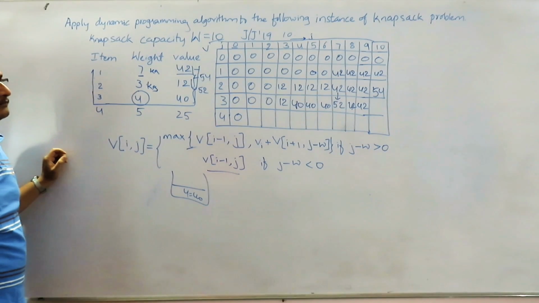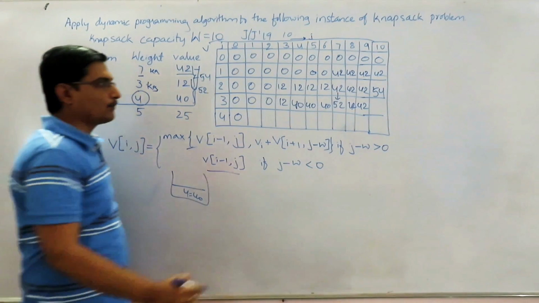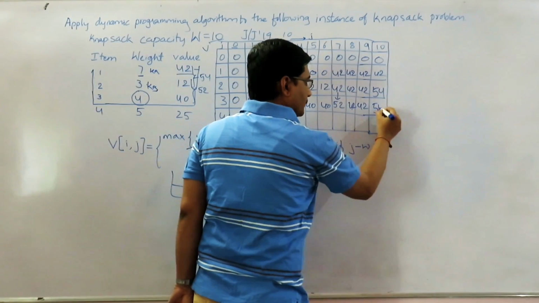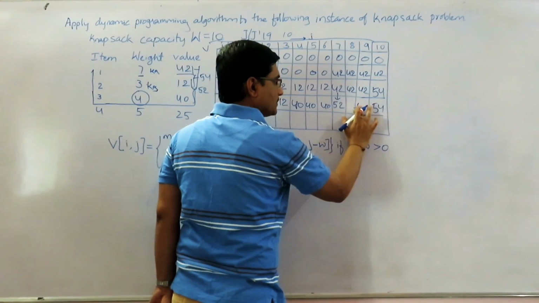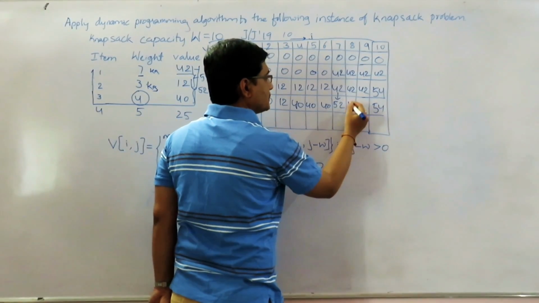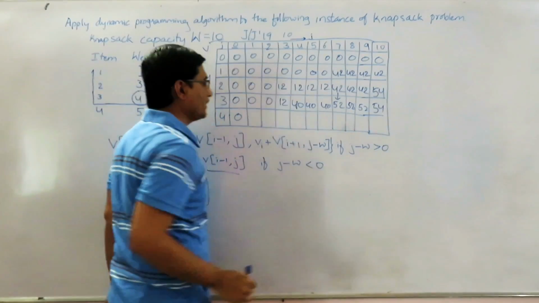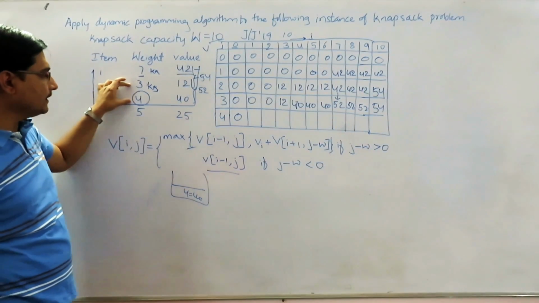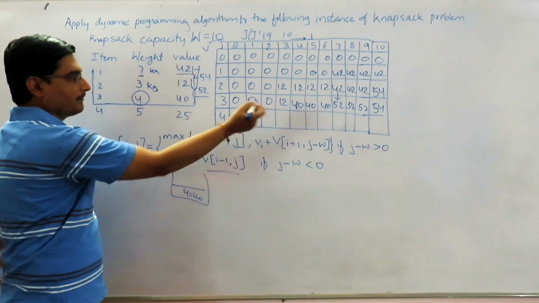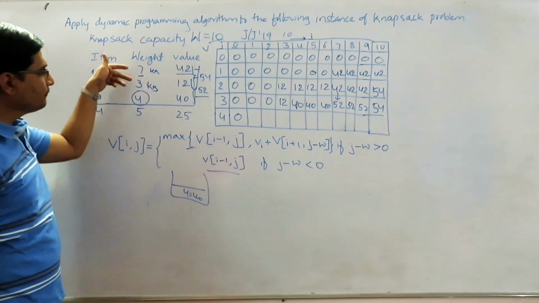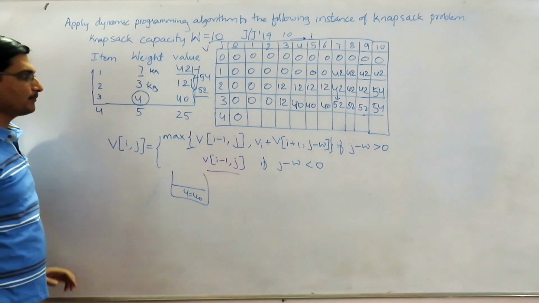Which do we have to go for? We have to go for 54 only. Sorry, these two will be 52, because till that we have considered these two. Till it is 9 kg, we have gone for this weight, so they are 52. When it becomes 10, we need to go for these two combinations, which will give us maximum profit.